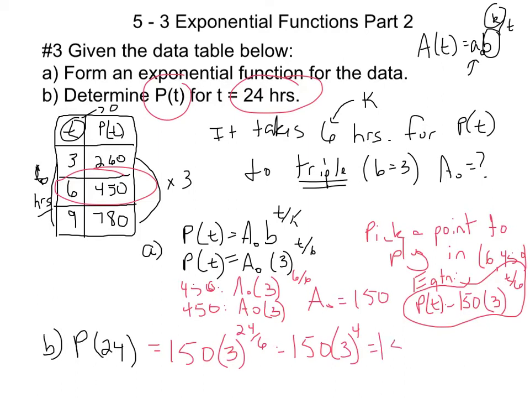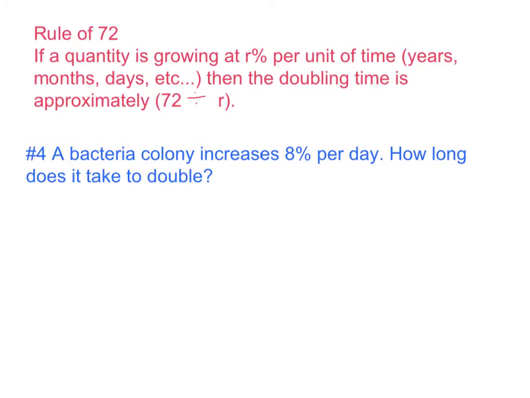That's 150 times 81, which is 12,150. I said that wrong. My bad. I wish that was my bank account. Start with $150, and then in 24 hours, you'd have 12,150. That'd be awesome.